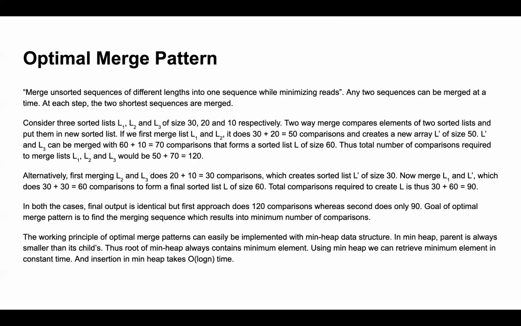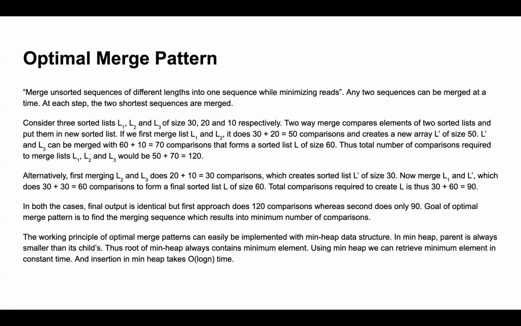Now, consider three sorted lists L1, L2, and L3, and their sizes are: L1 is 30, L2 is 20, and L3 is 10, respectively. These are the lengths of lists L1, L2, and L3.